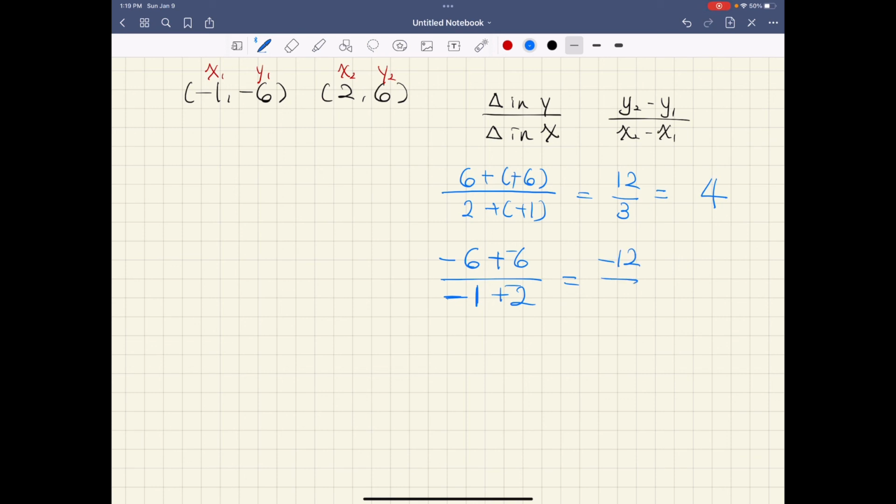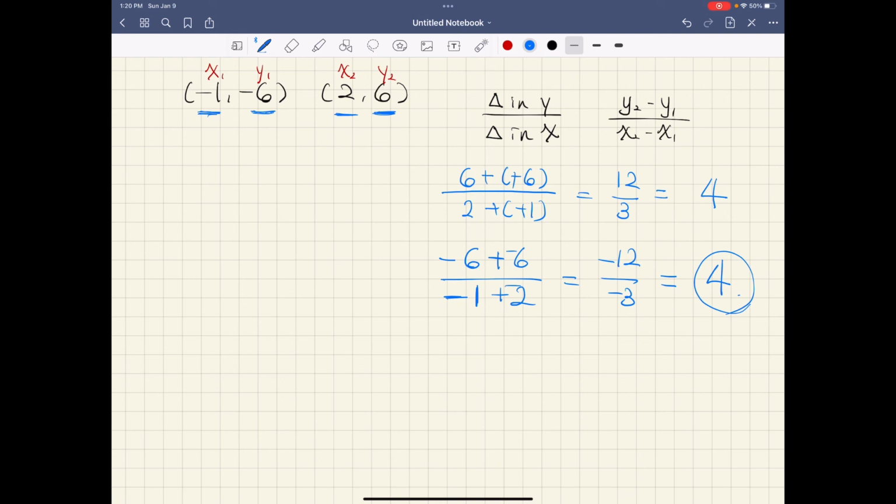Negative 12 over negative 3 means 4. But if you start from y2, you also have to start from x2. And if you start from y1, you have to start from x1. So we have the slope here.